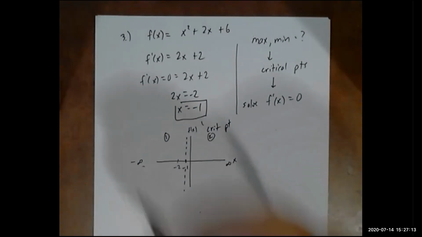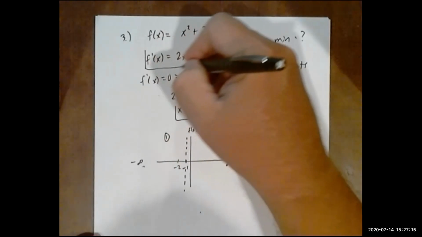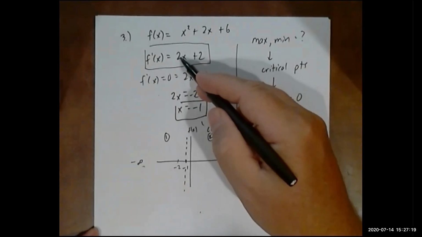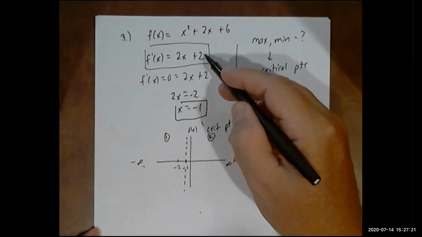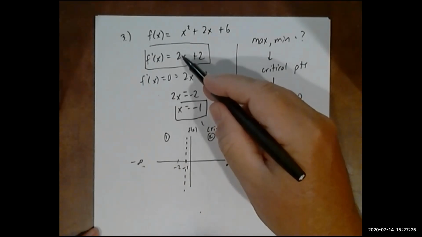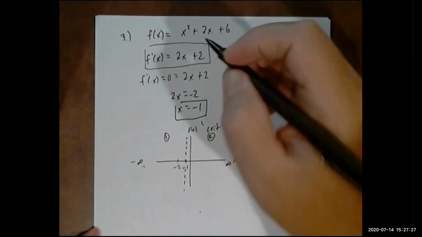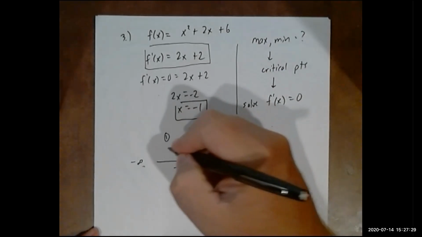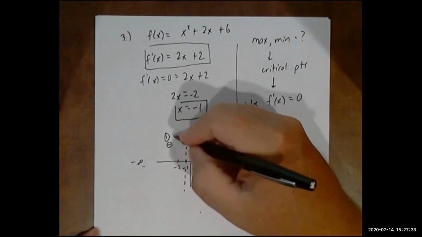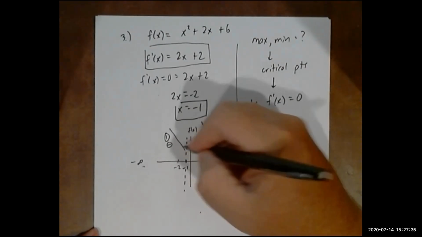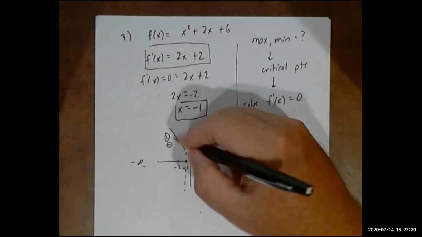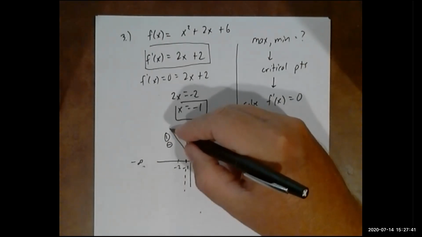You've got to check the first derivative. I'm going to plug in -2 for x in my first derivative and see what this function is. When I plug in -2, I get -4 plus 2, which ends up being a negative number. So I know in this region of the graph, my first derivative is negative, and my function is going to decrease.